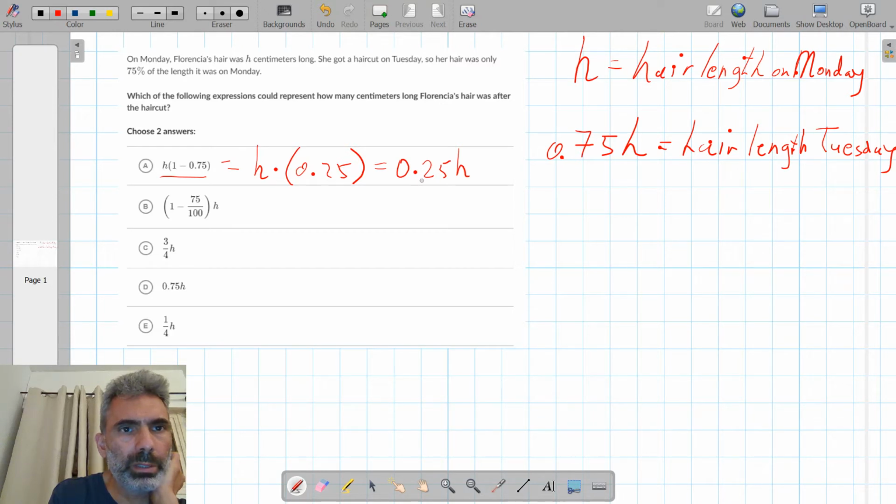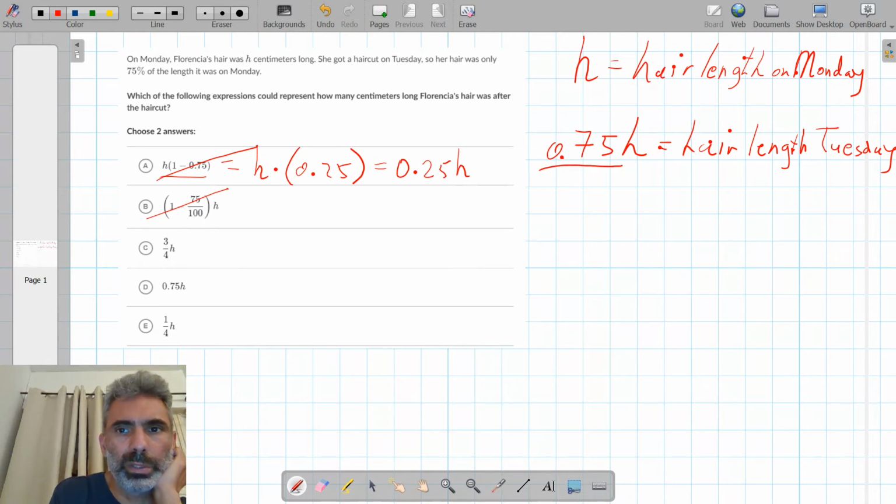It represents the amount of the length that was cut. Okay, so A is incorrect. And B is incorrect for the same reason, because 1 minus 0.75 and 1 minus 75 hundredths are the same, so B is incorrect for the same reason.